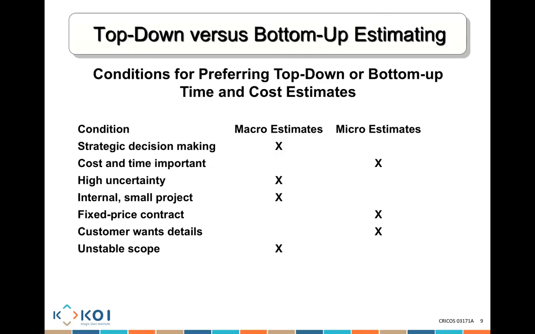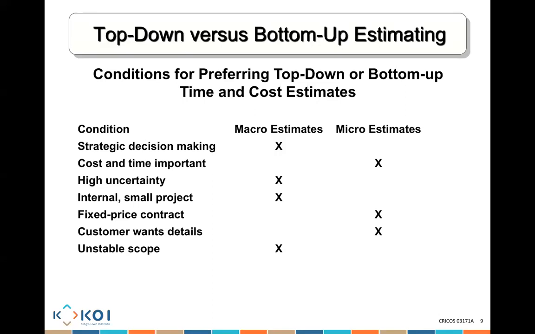When are they useful? They're useful when we are trying to make a strategic decision. They're useful when we have a lot of uncertainty. They're useful when we are making a small internal project that it's not worth it for us to make all of this planning. It's useful when we have a scope that is unstable. That's when such a high-level estimate will be useful.